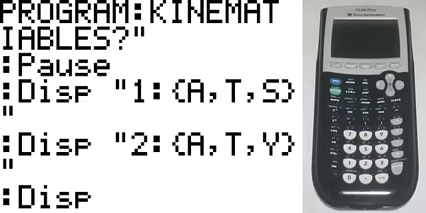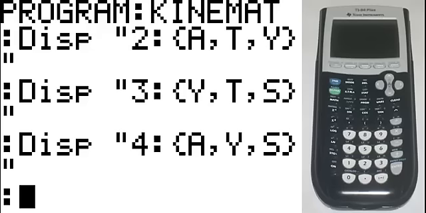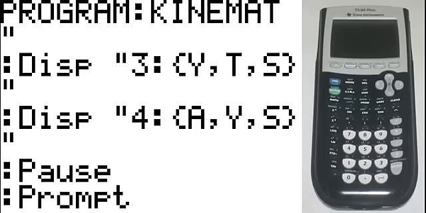Display in quotations "3: (y, t, s)". Display in quotations "4: (a, y, s)". Pause. And then prompt X again.